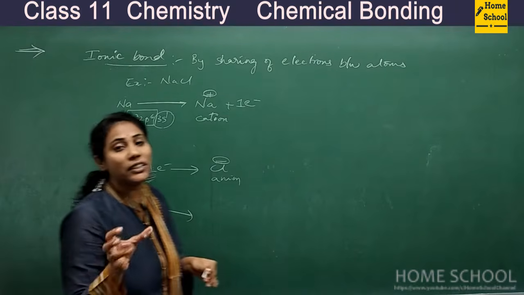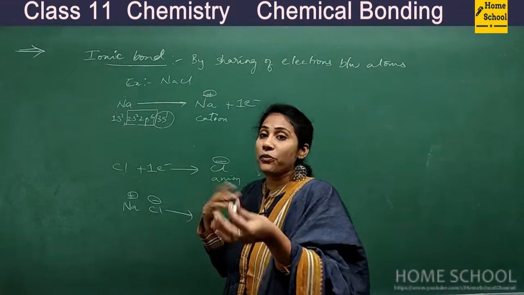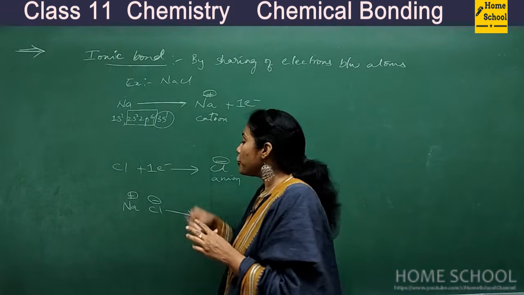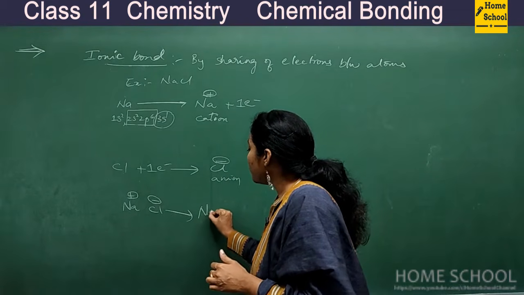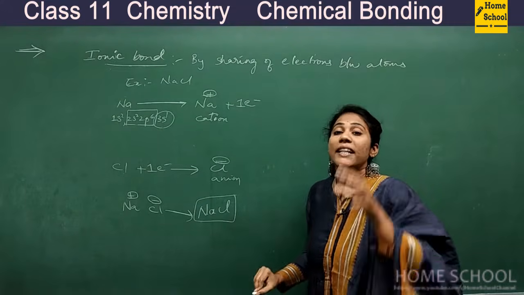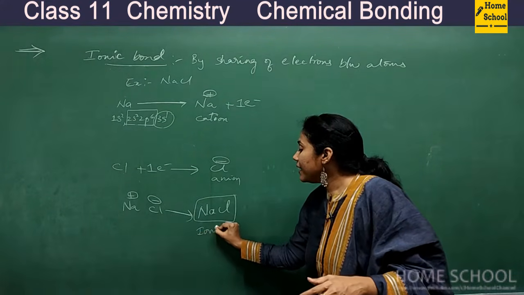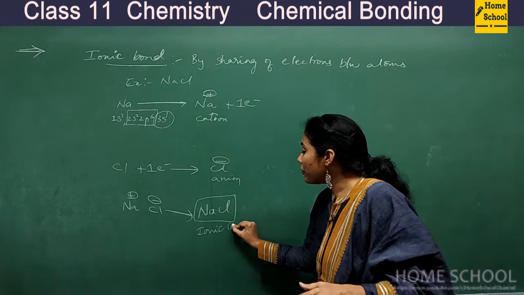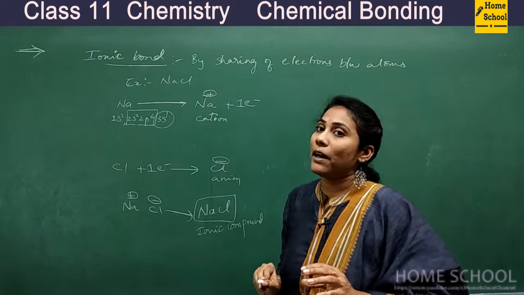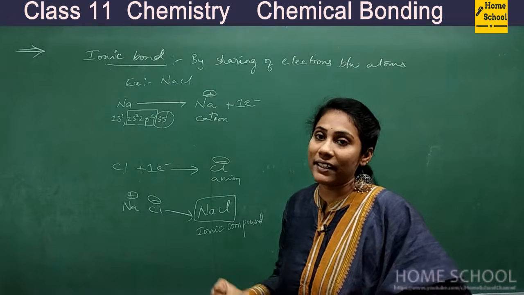Electrostatic force of attraction is the attraction that exists between positive and negative things. Due to that attraction, they stay together as a compound, which we call NaCl, and this is what we mean by an ionic compound. The compound which has an ionic bond is called an ionic compound.